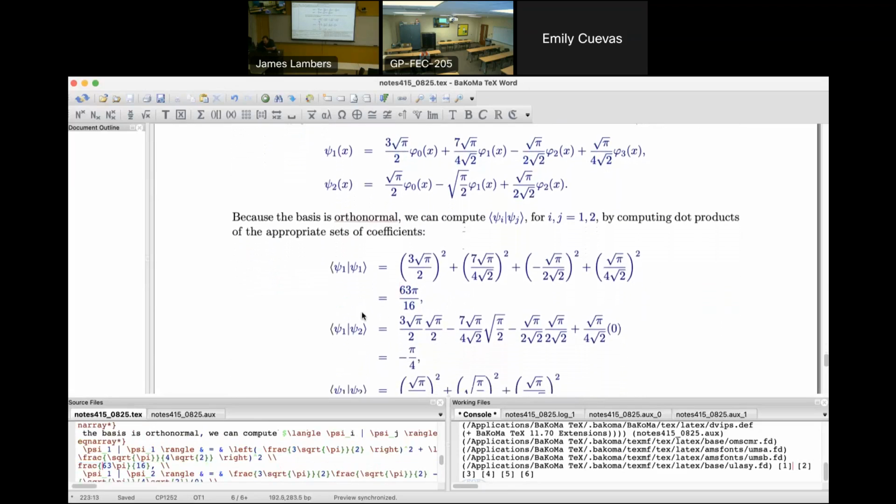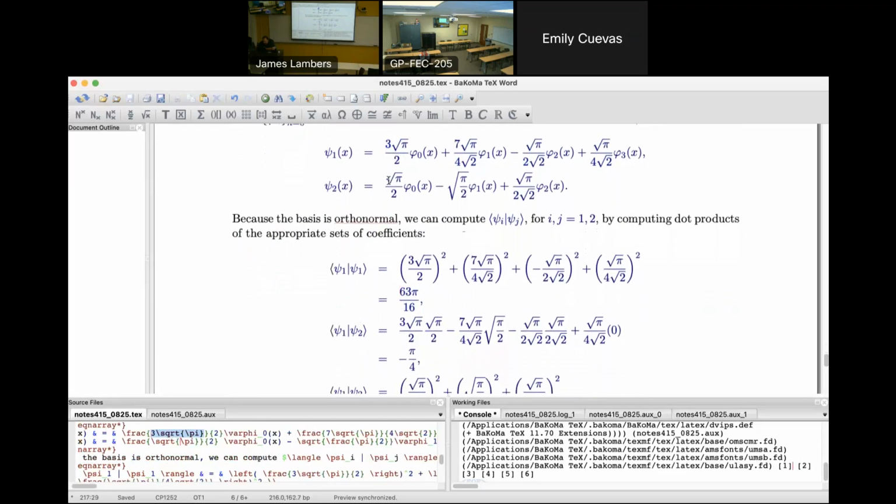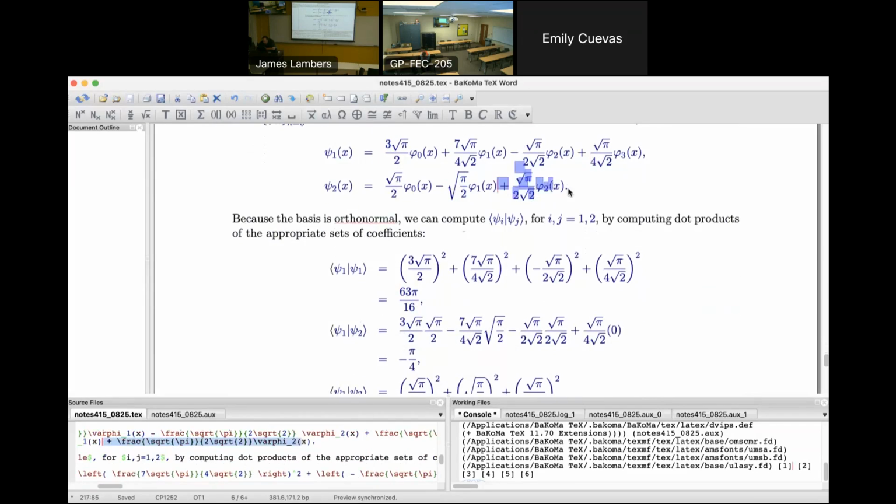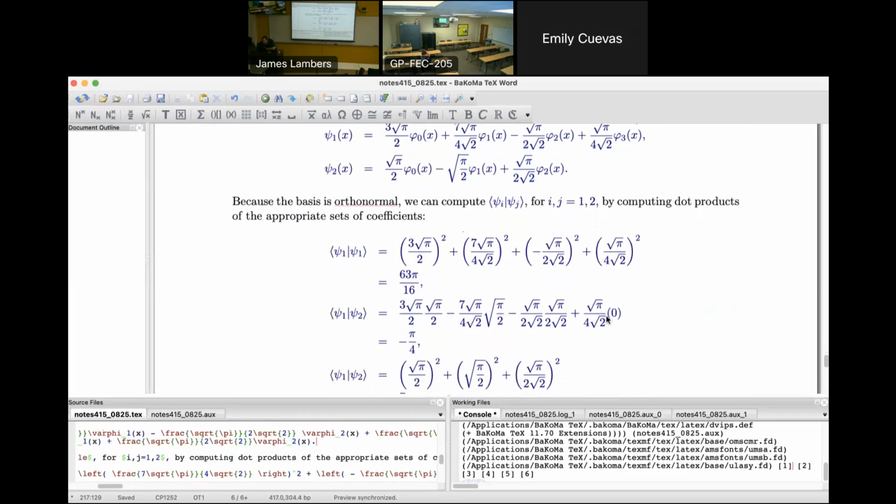Same with the scalar product of psi 1 and psi 2: I can take this coefficient times this one, plus this coefficient times this one, and then this times this one. This one doesn't have a phi 3, whereas this one does. So the coefficient of phi 3 of this function is 0, and I would not include this. And you can see here there's a 0 here.